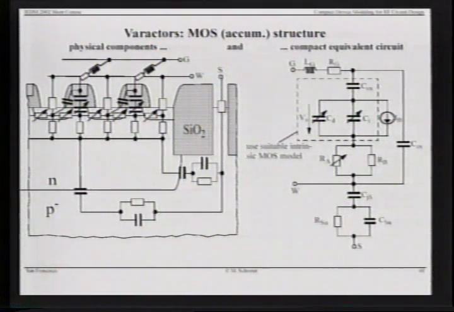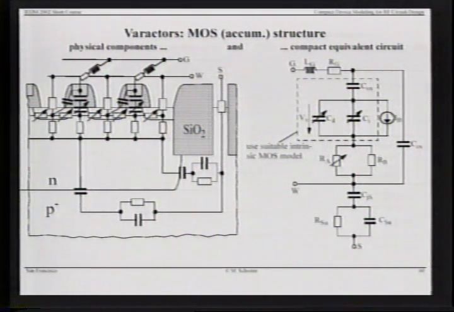And if you look at the equivalent circuit and want to construct a physics-based equivalent circuit, then we end up with this very busy equivalent circuit here with all these parasitic resistances, overlap capacitances, series inductors, and resistances of the gate, which we can map into this equivalent circuit here.